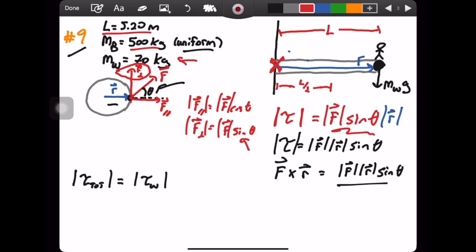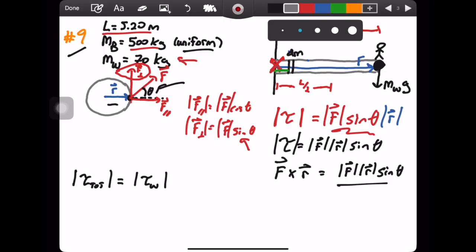We also have the mass of the beam itself. And the mass of the beam itself can be thought of as, you could break the beam into a bunch of little differential elements, dm. So for instance, the dm that I just drew would have a distance away from the bolt that you see in green.